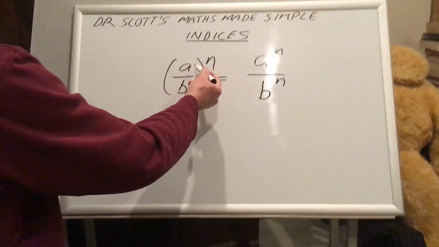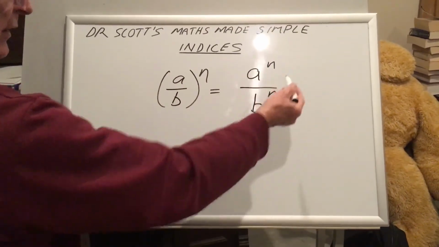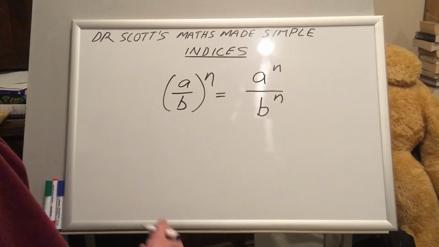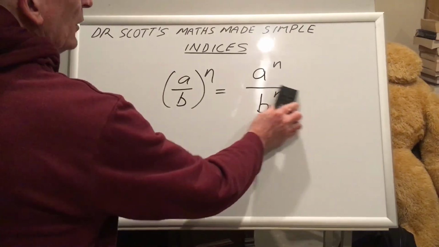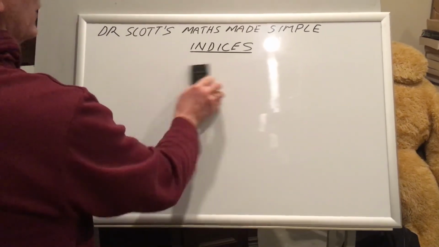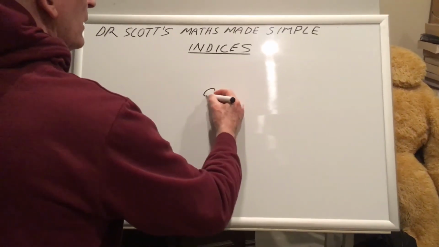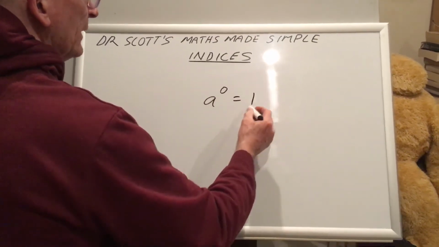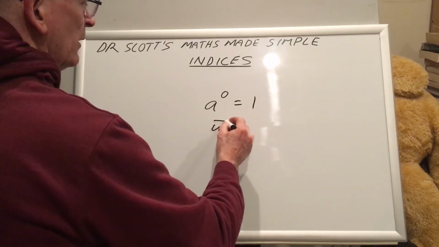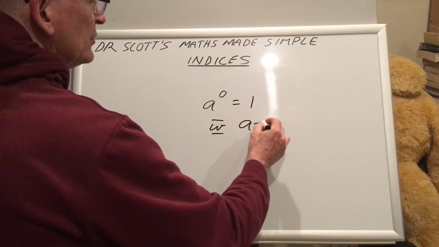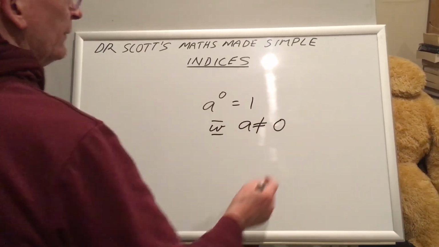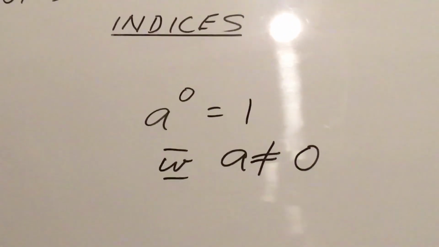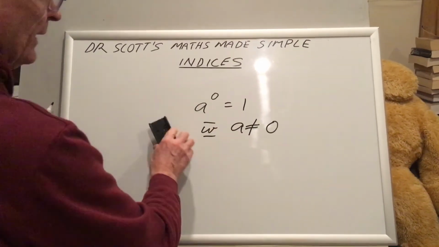Each one goes to that power of n by itself and you get rid of the brackets. I'll just remind you, I know you don't need reminding, that A to the power of 0 equals 1, where A is not equal to 0. For every number except 0, A to the 0 equals 1. Okay? That's my little abbreviation for where.